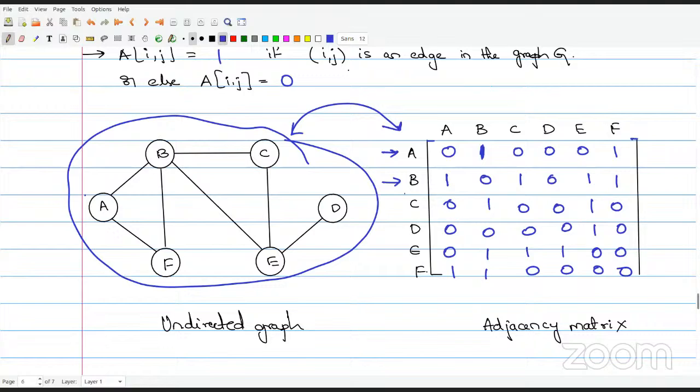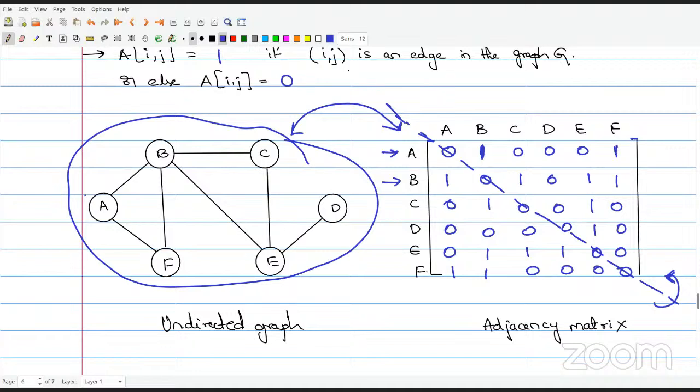And also for an undirected graph, if you see along this diagonal, this is called the diagonal. Along this diagonal, the matrix will be symmetric. Whatever the values are here, if I flip this along this line, I will get the same matrix.